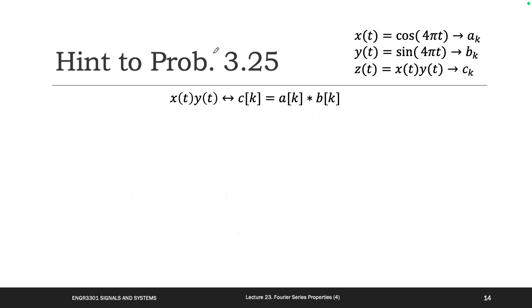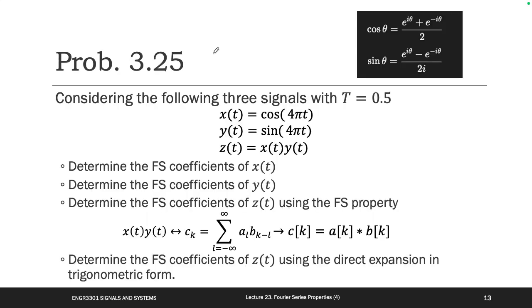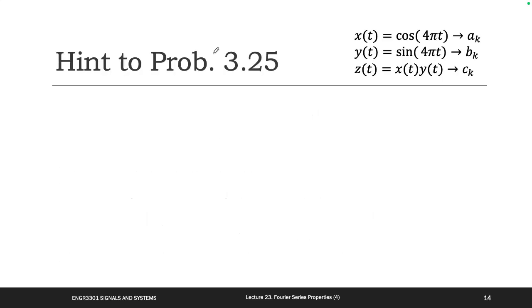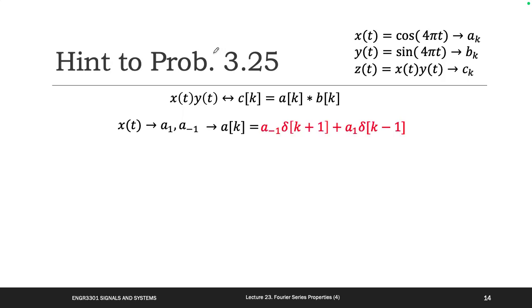If you use this equation, you can easily find that for x(t), you only have a1 and a negative 1. So ak should equal this one. Because you can say cosine 4 pi t, you just use this equation.